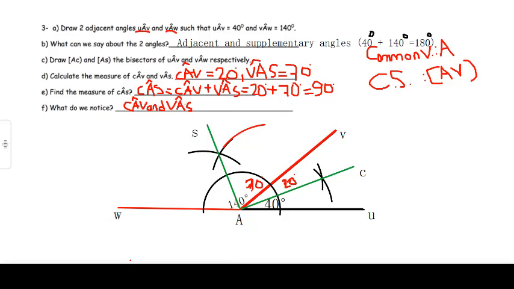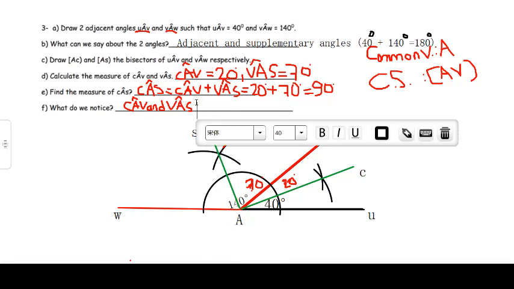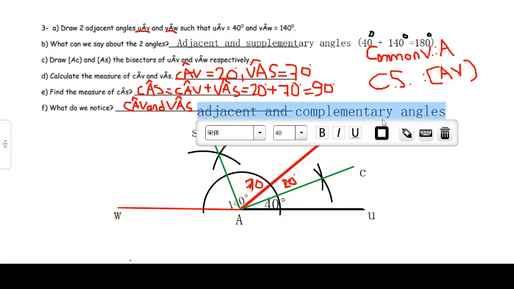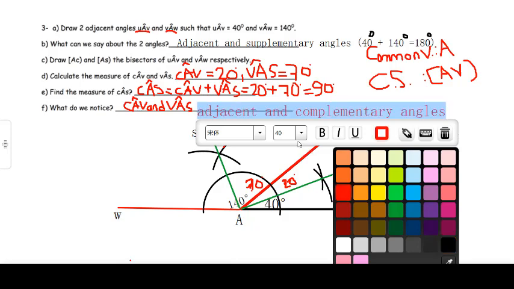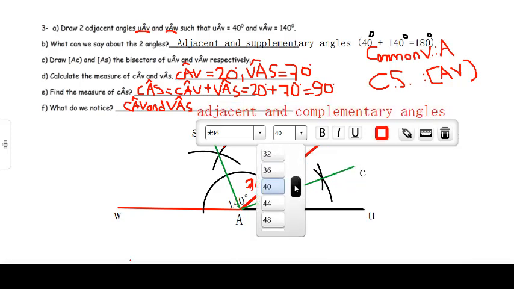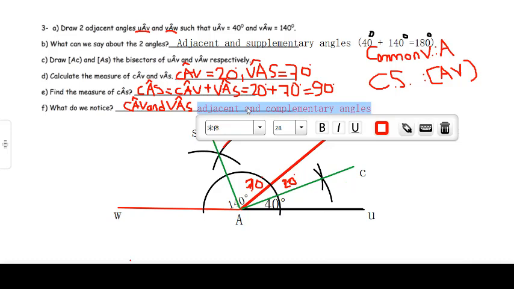So these two angles are adjacent and complementary angles. Okay, they are adjacent and complementary angles. Why? Because if you add the two angles, 20 plus 70, they give me 90 degrees.